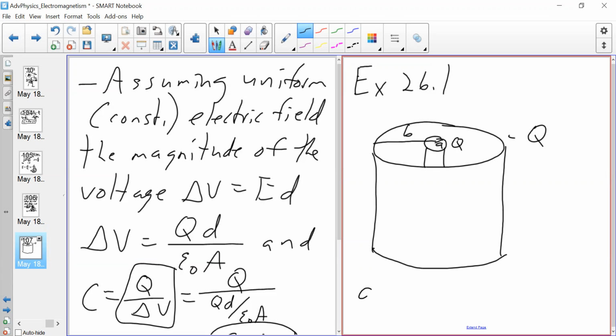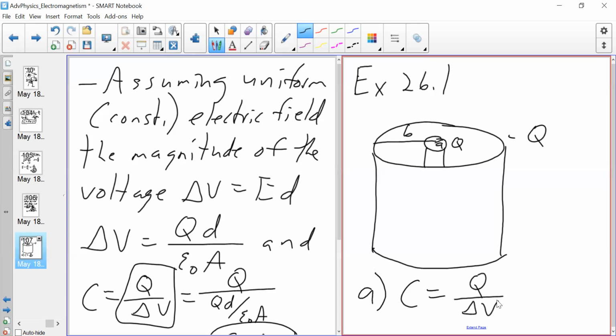in our capacitor logic here, we have the equation C equals Q over delta V. We want to get expressions for both of them, Q and delta V, because the cylinder on the inside has length L. And so we can't just use Q. We're going to have to use its linear charge density equivalent.